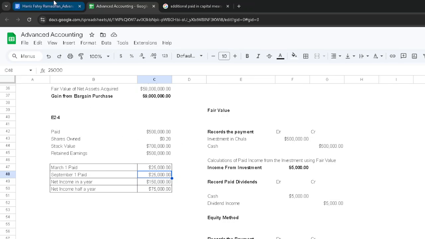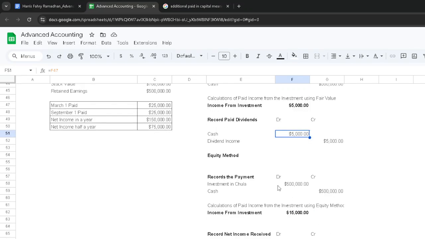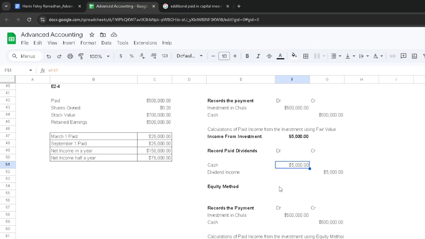And we, as Sultan Corporation, since we own 20%, will be getting 20% of 25, so that's 5,000. Okay, and furthermore, to record the payment of dividends, we record a debit on cash and a credit on dividend income, because we're getting cash as they're paying us cash, and we credit the dividend income because it's an income account, if that makes sense.